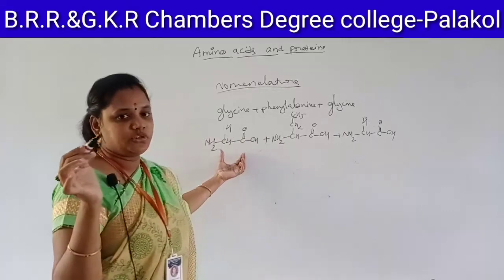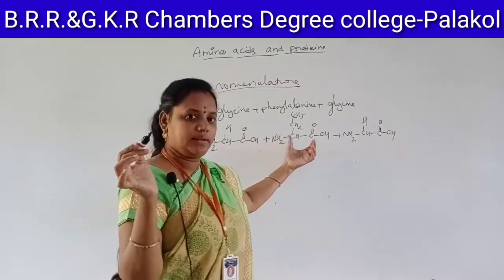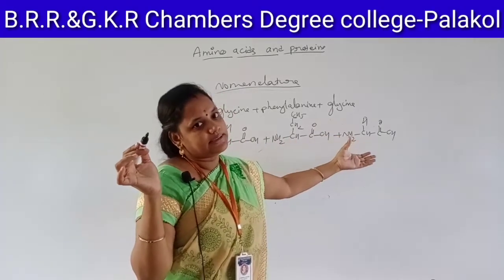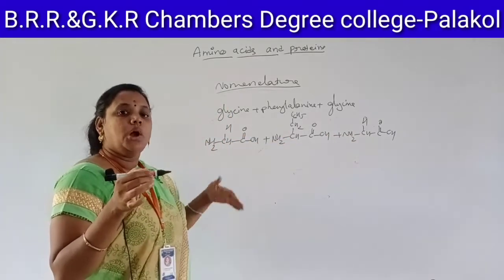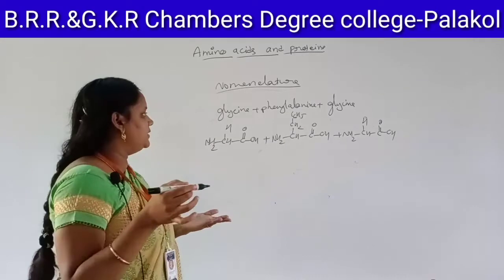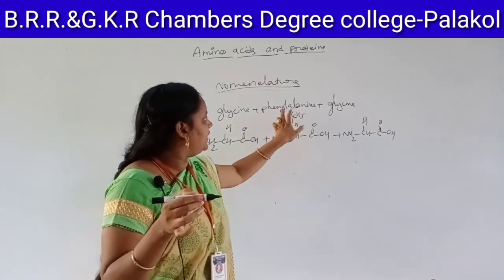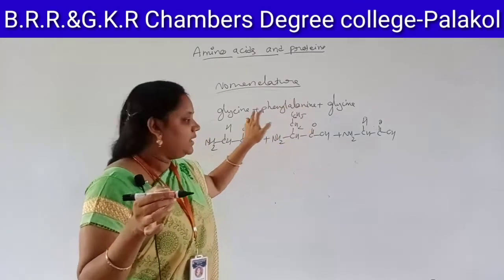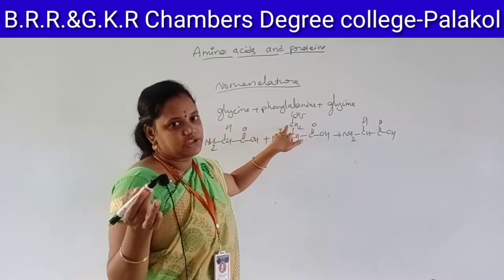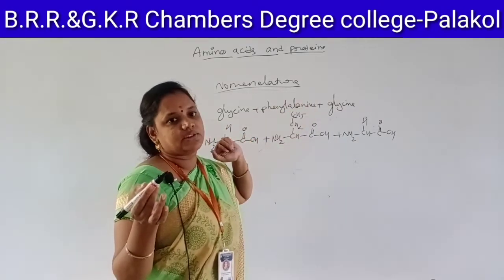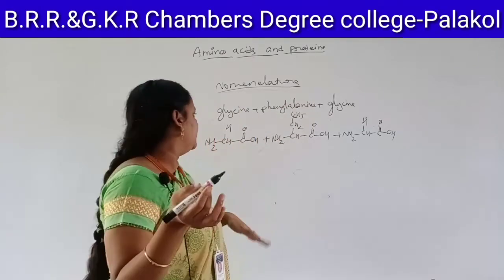What is this compound, students? Glycine. This one, phenylalanine, and again glycine. Now here we have to eliminate water molecules. This is the structure of phenylalanine. Do you remember, students? In the place of H, if you substitute C6H5CH2, then this is the structure of phenylalanine.